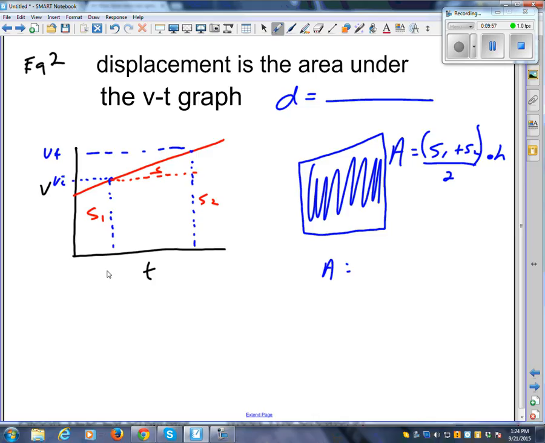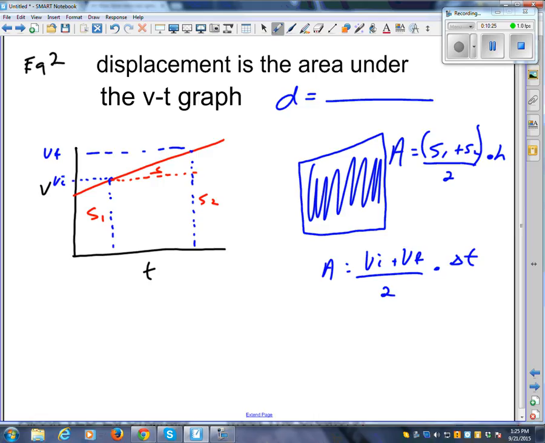Side 1 was my VI, side 2 is my VF, all divided by 2. I'm taking this formula and replacing it with the quantities on the graph, and I'm multiplying by the height. The height was this distance here, which is the difference between the two times, my delta t.